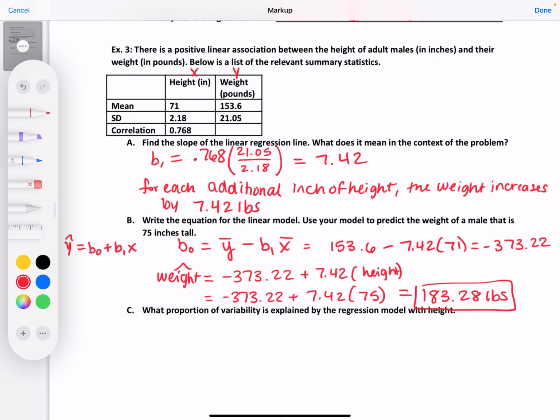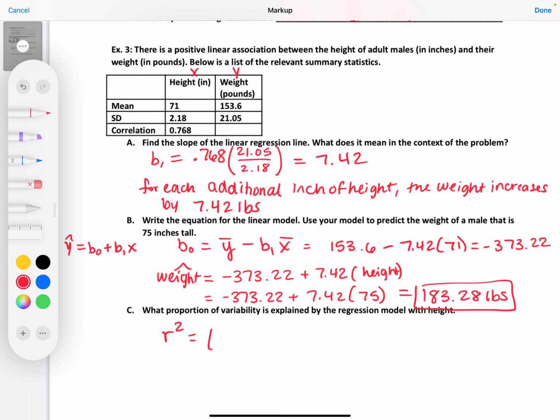R squared. No, just regular r. Well, r is correlation. Oh yeah, you're right. Oh, the original. When you're saying r2, do you mean r squared? Yes, that's what I mean.